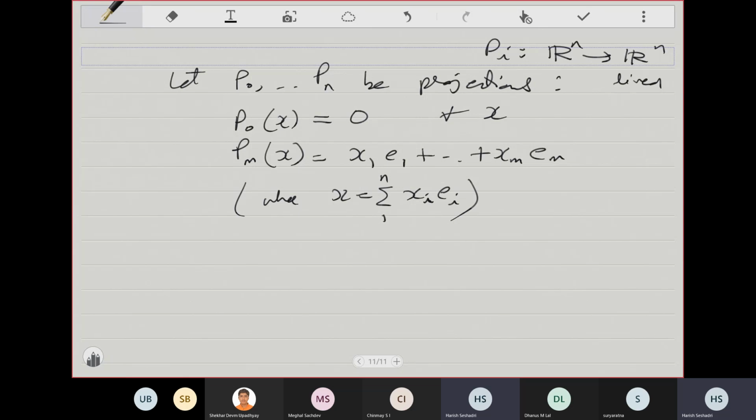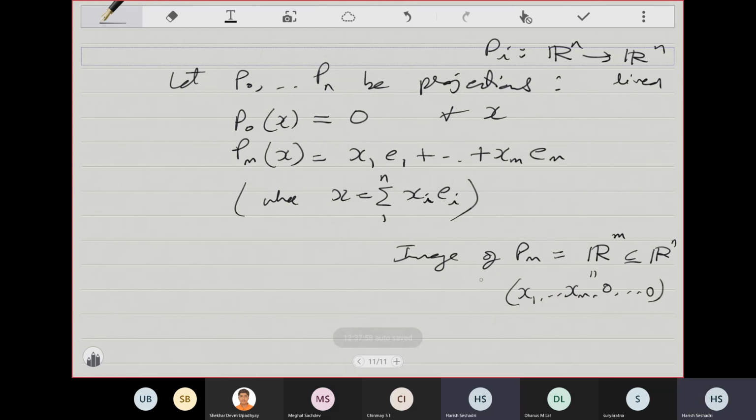So basically, the image of Pm is just Rm sitting inside Rn, as I said. These are all x1, x2, ..., xm, and the other coordinates are 0. And of course, from this definition, Pn x is just the identity: Pn x equals x for all x.